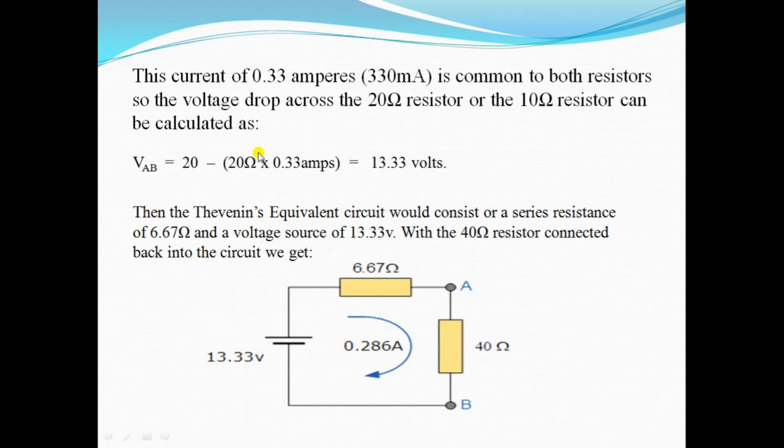So 20 minus 20 into 0.33 amperes, we get the value 13.33 volts.